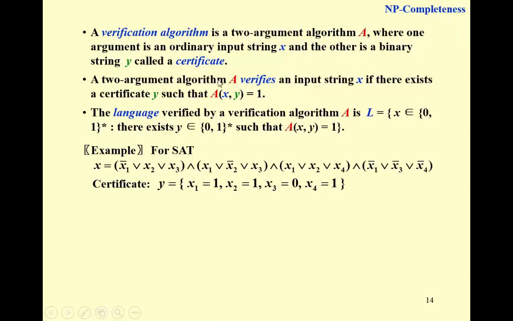A verification algorithm A is an algorithm so that when we plug Y into X, we can check if the answer is 1. And if there exists a Y so that when we plug it into X, we do obtain 1, then we say that algorithm A verifies this X.